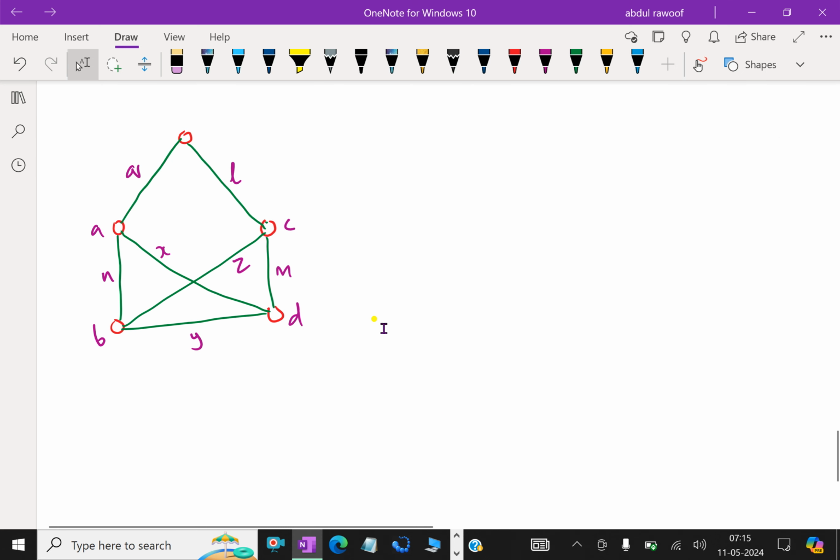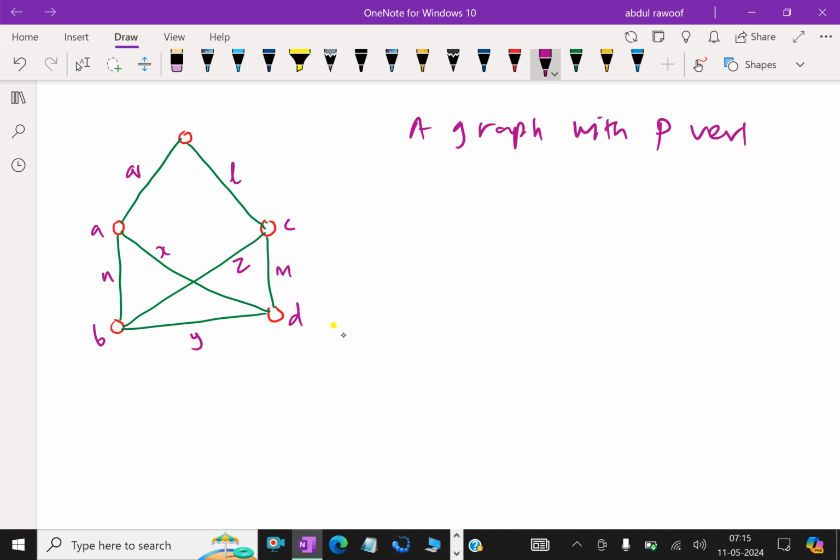Look at one more graph. Here, in general, a graph with p vertices and q edges is called a PQ graph.